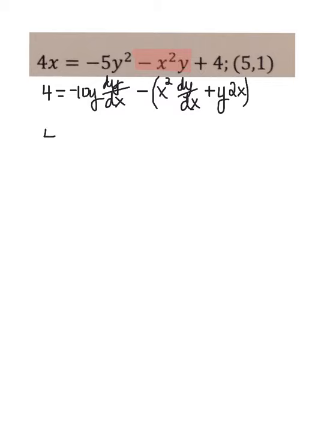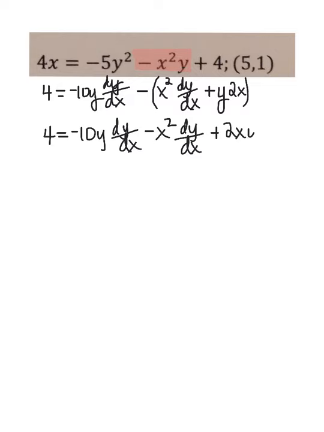So that's going to give me 4 equals negative 10y dy/dx, and then that's going to be minus x squared dy/dx. And I'm going to rearrange this last thing to make it look a little bit prettier. Let's put things in order. 2xy.